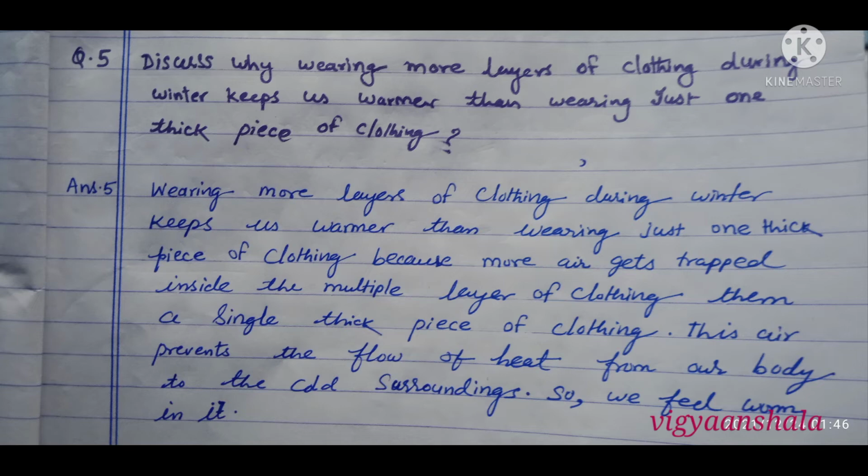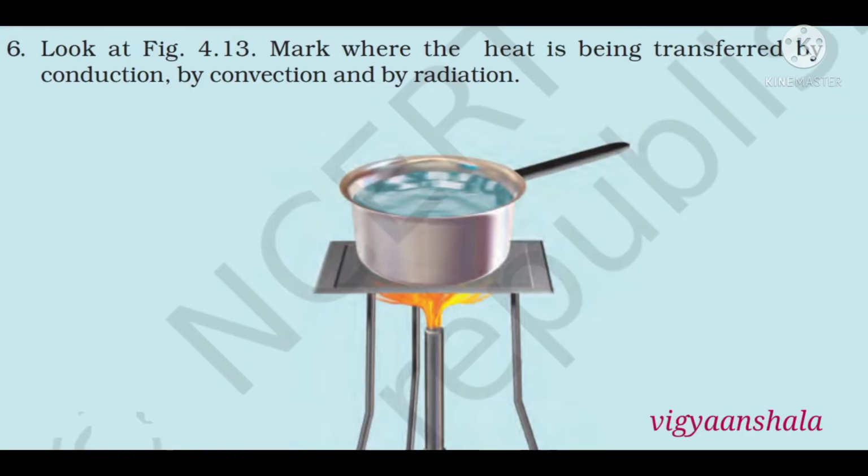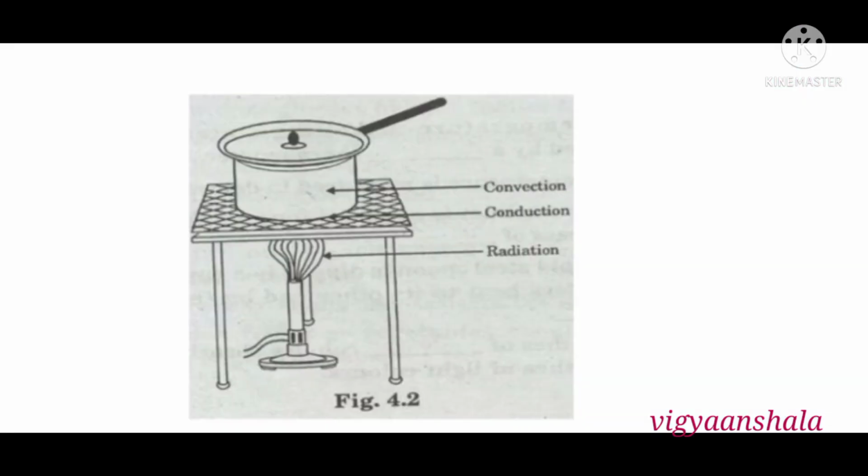Next, question number 6, look at this figure, mark where the heat is being transferred by conduction, by convection and by radiation. We know that the utensil is made of steel and it is a solid object. The heat transferred from the hotter end to the colder end of a solid object is known as conduction.